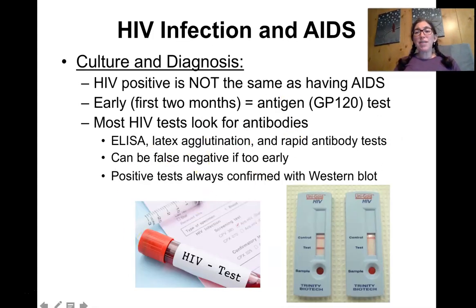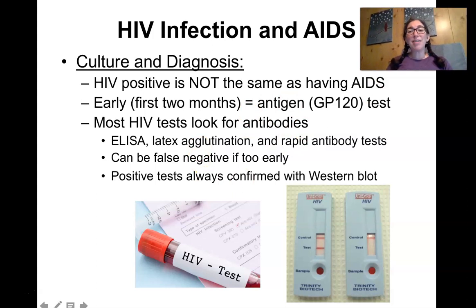So having HIV doesn't necessarily imply that you will progress to AIDS. Most people will if they're not treated, but we actually have very good treatments now, drug cocktails that help keep the virus levels low and keep that progression to AIDS very slow or never.